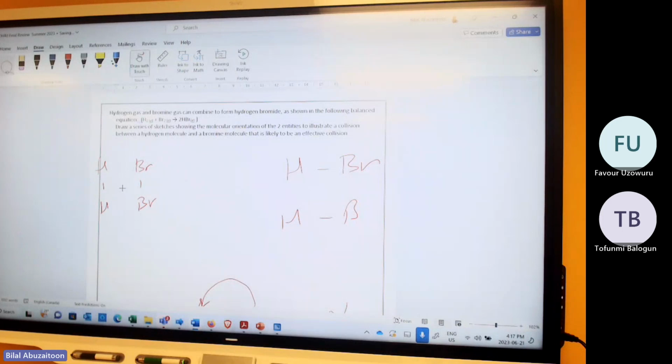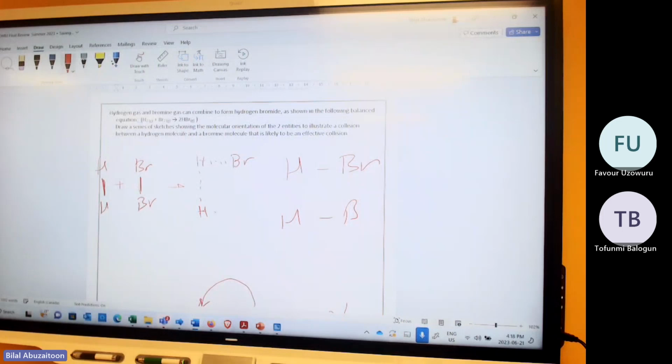This H plus Br gives H. Look at this, dots to Br means a new bond is being formed, and H dot with H means the bond is being broken.